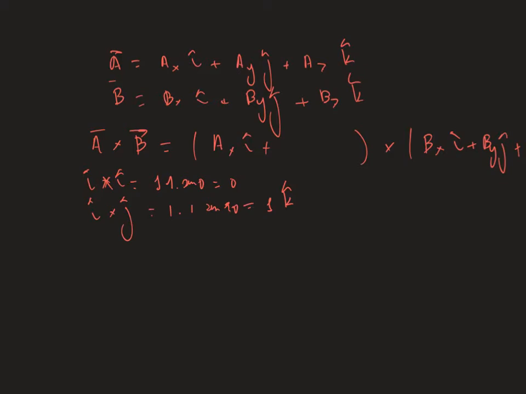Look at the picture. I, J, if you rotate I through J, you get K. So if you do all this multiplication, you will find A cross B. Let's do it.